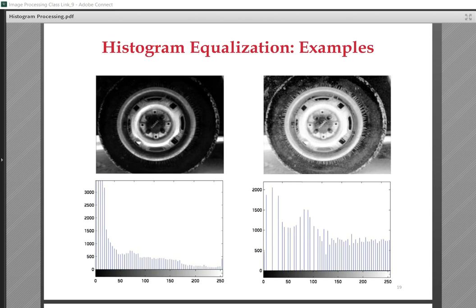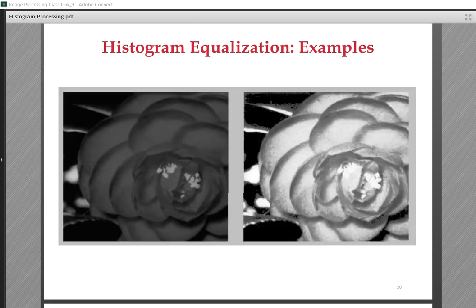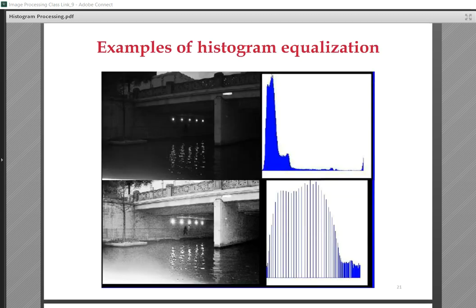For example, a car. A tire of a car. You see this item is very dark, and this is the histogram located near 0, dark. But in the resultant, enhanced version, the histogram is flattened and extended over the full range.